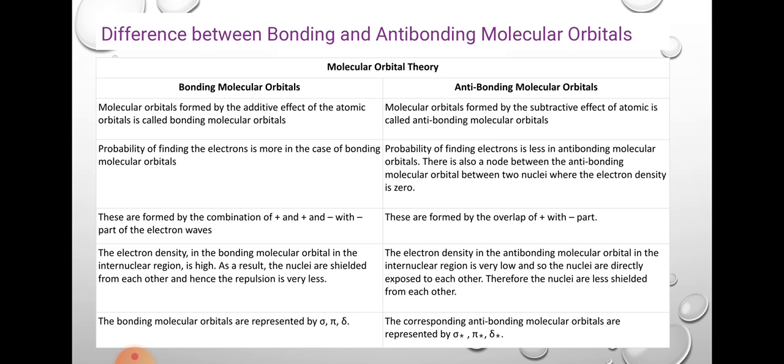Probability of finding the electron is more in the bonding molecular orbital. In anti-bonding, the probability of finding the electron is less. There is also a node between the two nuclei in the anti-bonding molecular orbital where the electron density is 0.